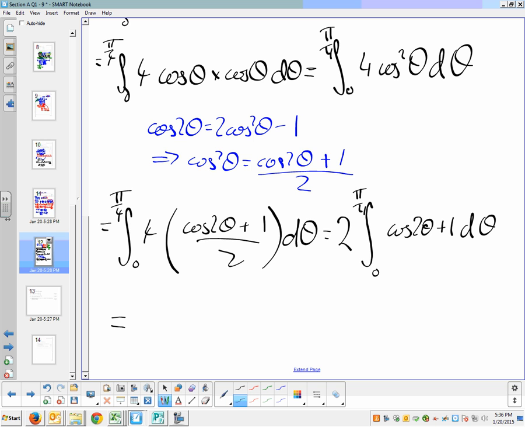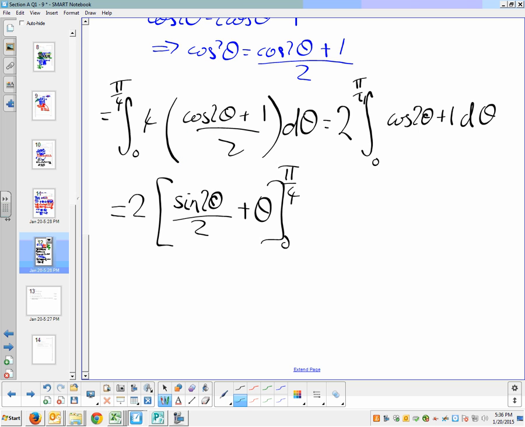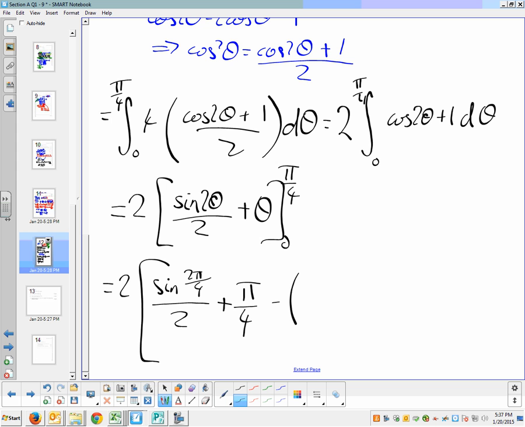Now I'm ready to actually perform the integration. Cos 2 theta integrates to sine 2 theta over 2. 1 integrates to theta, and we're evaluating that from 0 to pi by 4, which is 2 lots of sine 2 pi by 4 over 2 plus pi by 4 itself, minus sine 0 over 2 plus 0.